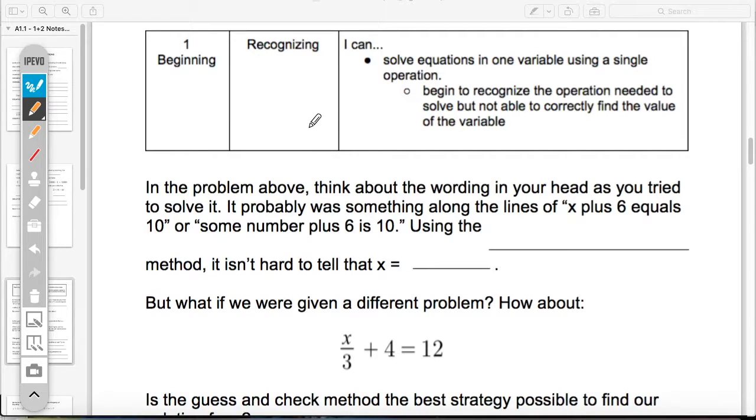After going over this portion of the standard with a little bit of practice, you should be able to solve equations in one variable using a single operation. Just like the problem we had, x plus 6 equals 10, that would require one operation, which we will get to shortly.